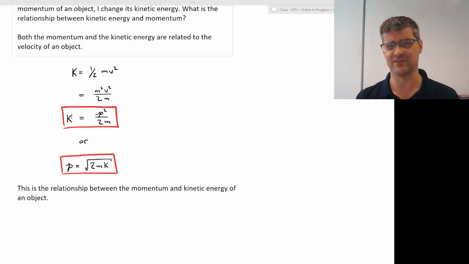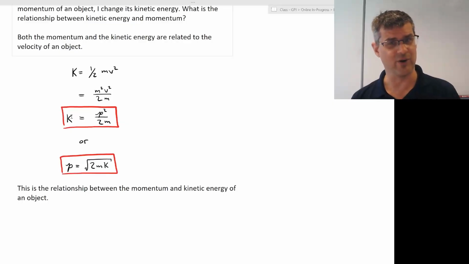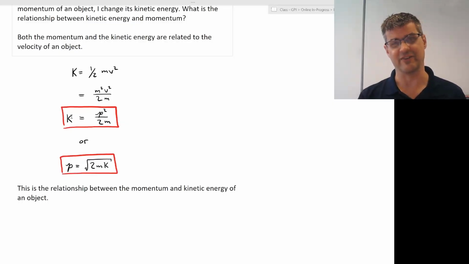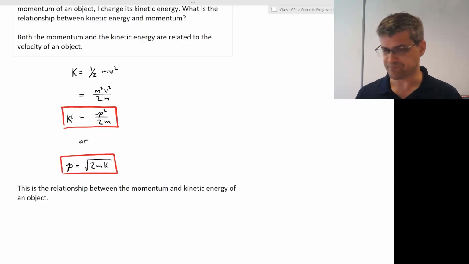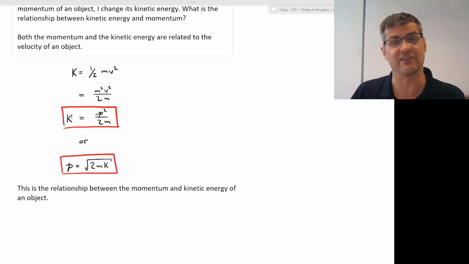And these two things go hand in hand all the time. And while the momentum and the kinetic energy in an object are related, they are not the same thing. If you know one, you can find the other. If you know the other, you can find one. But I want to talk a little bit about how changing the velocity of some object in a linear way is not the same thing as changing the kinetic energy in the same way.